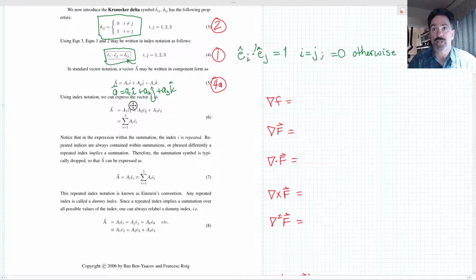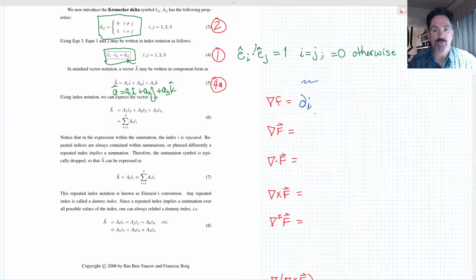So let's start with this gradient, and I've switched over to blue, so I'll be writing in blue here. So the gradient is going to be a series of partial derivatives.